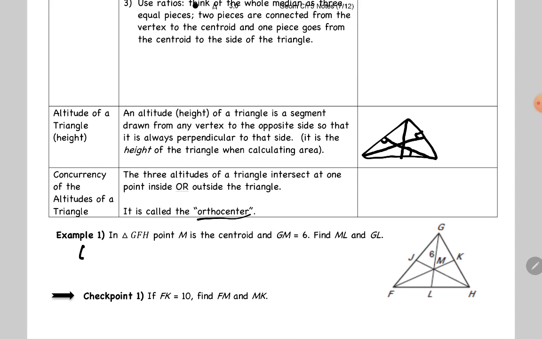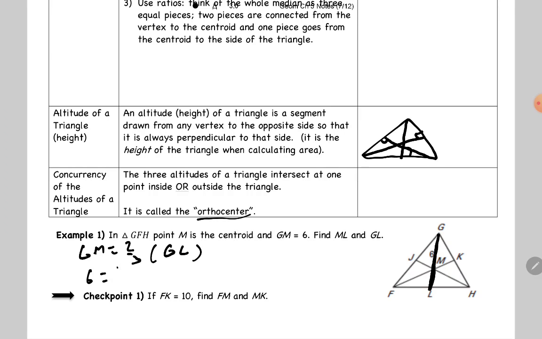GM is equal to 2/3 of this line here, GL. We know what GM is, so that's the longer piece. There's a longer piece and a shorter piece, and the longer piece is equal to 2/3 of the whole, GL.